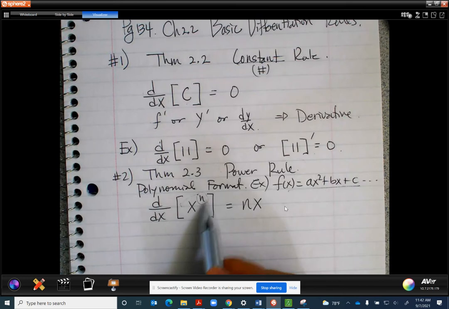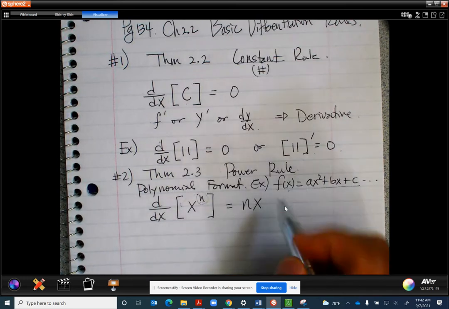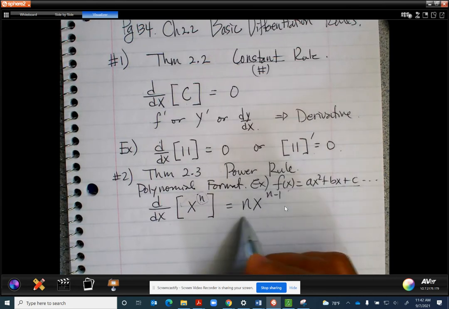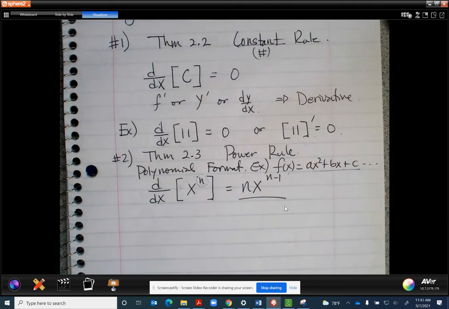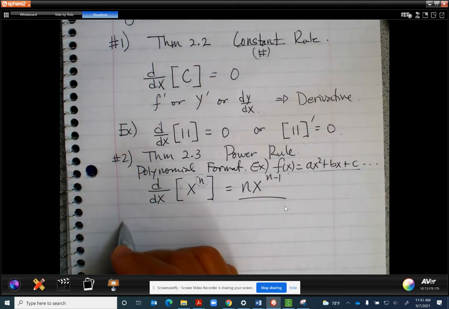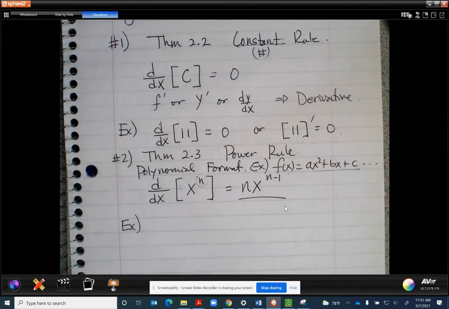X to the power of, since you bring one of the power to the front, you lose one. So n minus 1. So this is your rule. Alright, so let me show you an example of this. It's pretty easy, but I'll give you time to copy this. Go ahead and copy that.